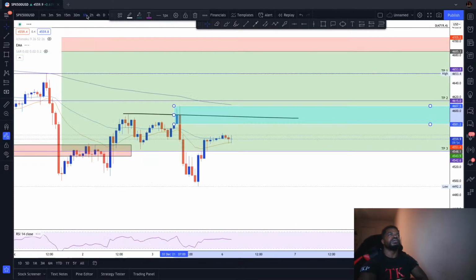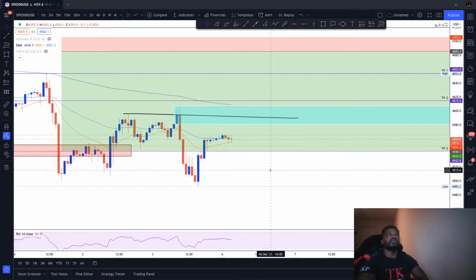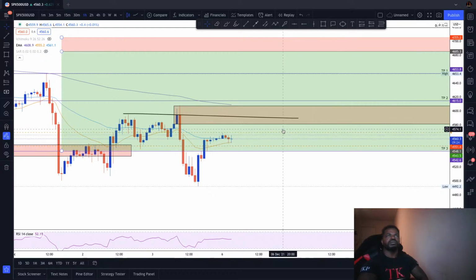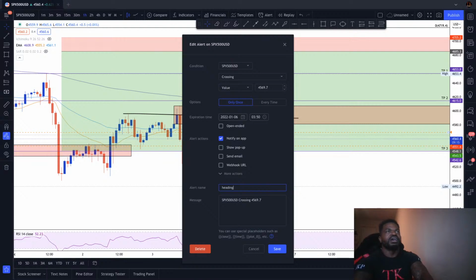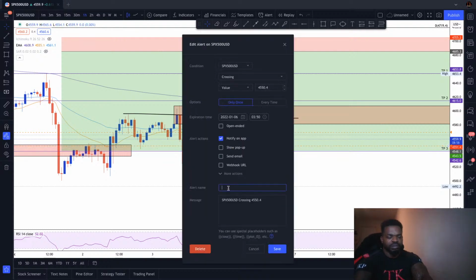Let's see how this plays out. Set an alert, hitting to retest the highs.